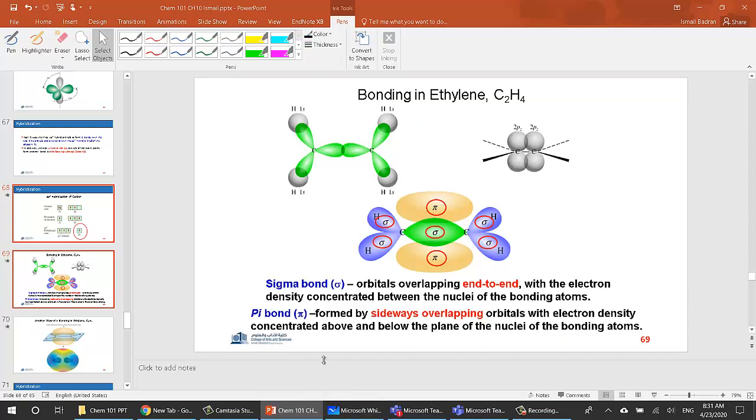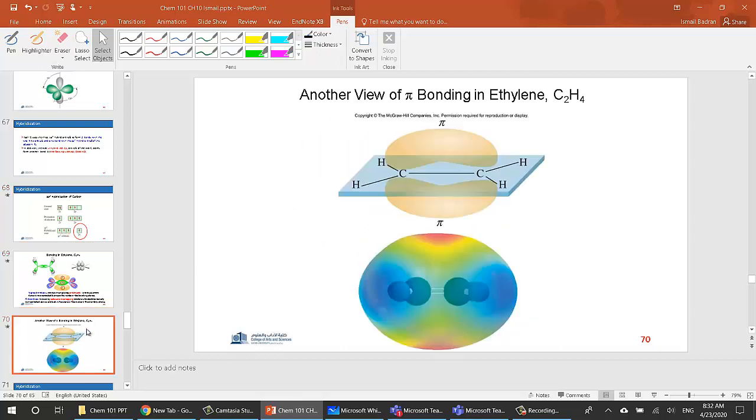See here at the bottom left, you have the sigma frame, we call it. This is a carbon with 3 sp2. They are all busy making sigma bonds, but you also have a 2pz orbital perpendicular to the frame. If you write this on the plane of the paper, the pz will be perpendicular to the paper, and that's going to make you the pi bond at the top and the bottom.